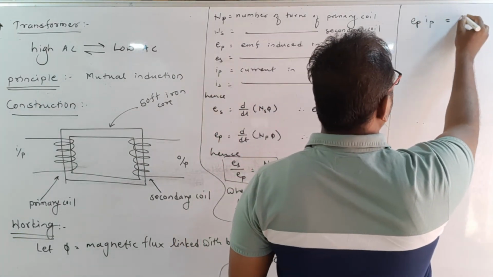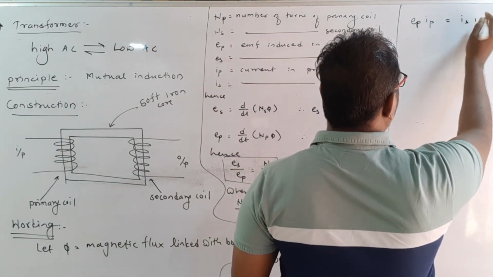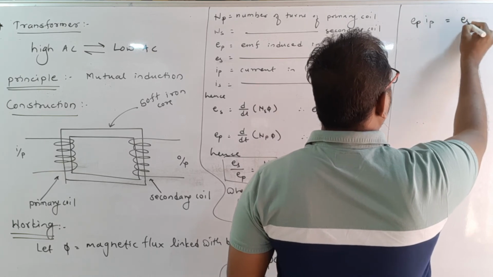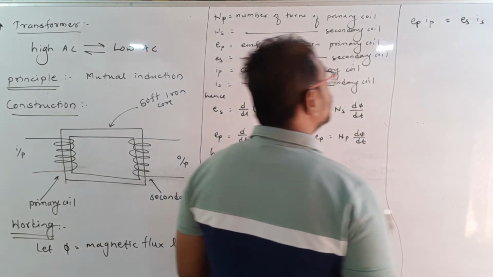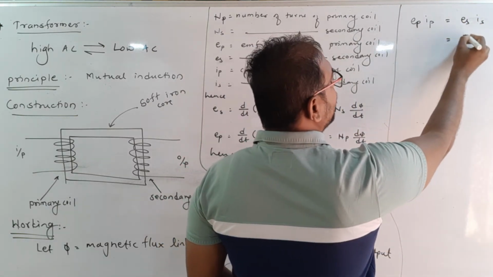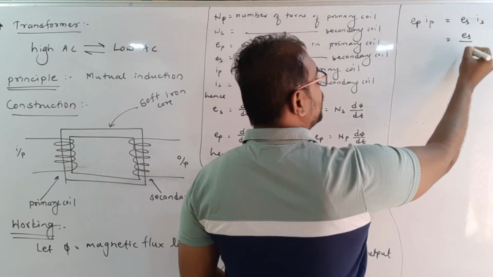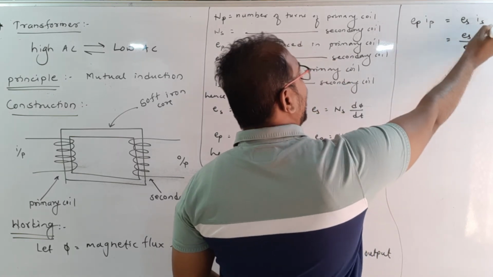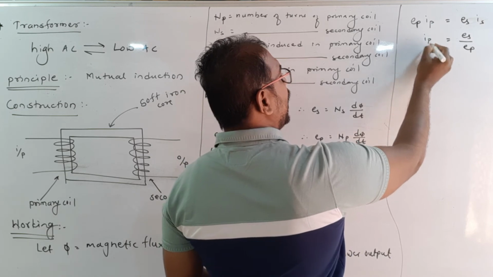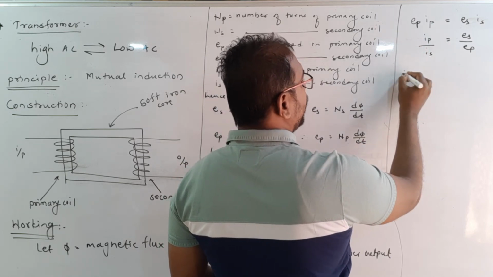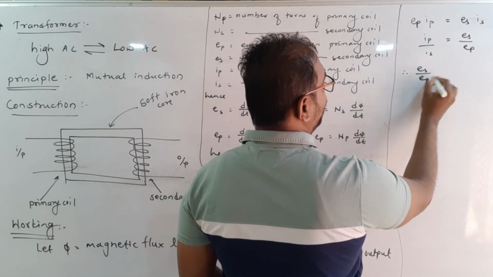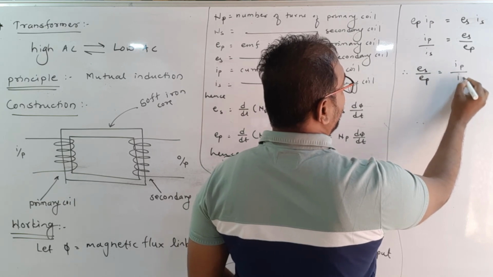Output power is ES IS. By using that, we can write ES by EP; I can shift EP to that side and IS to this side, so IP divided by IS. Hence we get ES by EP is equal to IP by IS.